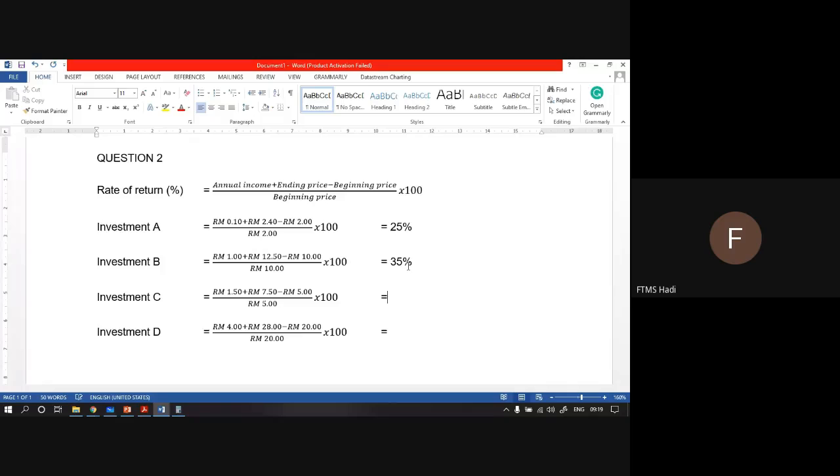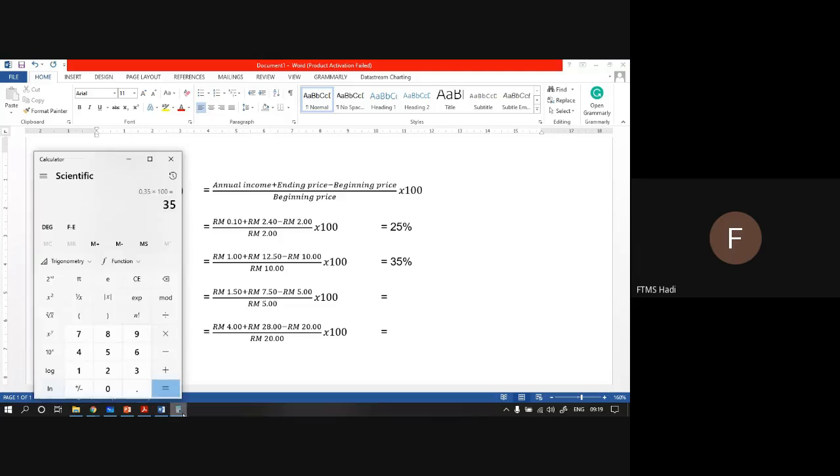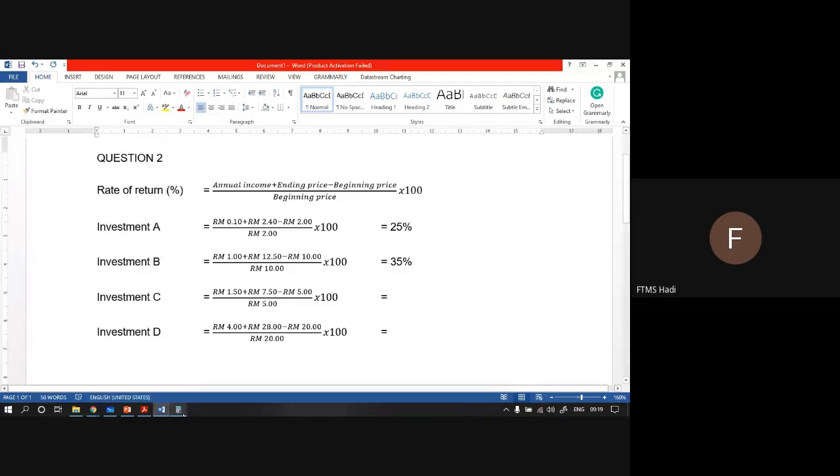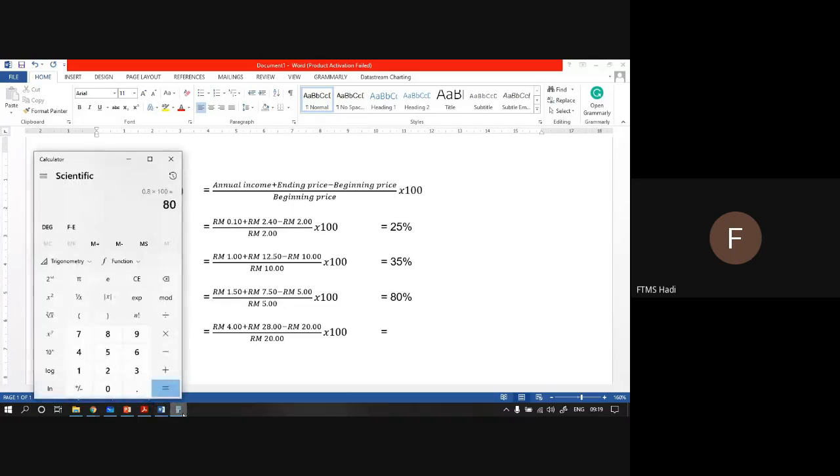Next, 1.5 plus 7.5 minus 5 divided by 5 multiplied by 100, you get the answer of 80%. Okay, and the last one, RM4 plus 28 minus 20 divided by 20 multiplied by 100, you get 60%.